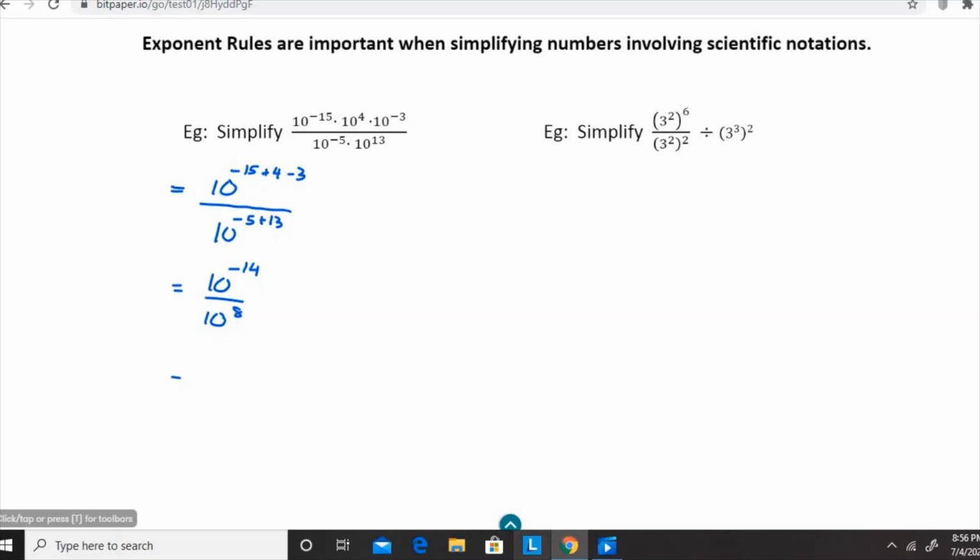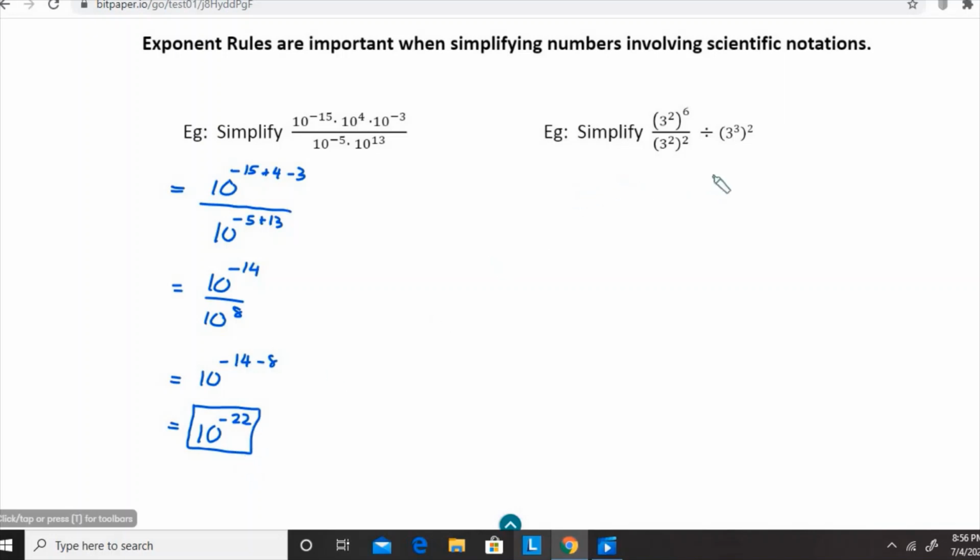Now further simplification means I can take this denominator with the exponent to the numerator, and the sign of the exponent will change. So I'll have 10 raised to the power minus 14 minus 8, giving me the final answer 10 raised to the power minus 22. So that's the simplified answer for example 1.